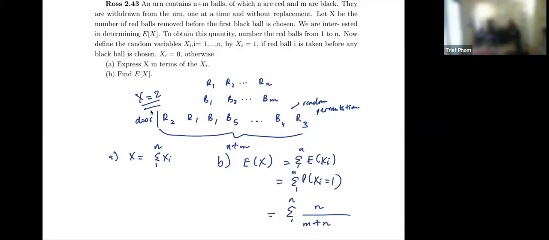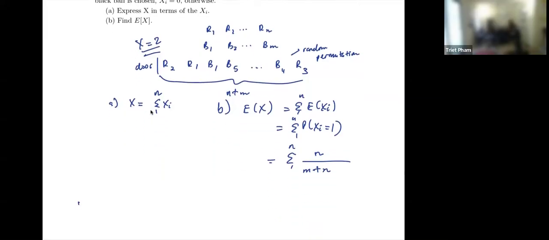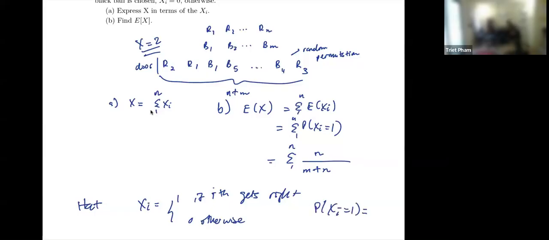It's actually the same logic as, let's say, the hat problem. If you let Xi be 1 if the ith person gets the right hat, 0 otherwise, then the probability of Xi equals 1 is 1 over n, even though the Xi's are not independent, because the ith person's action has some influence on the jth person's action.